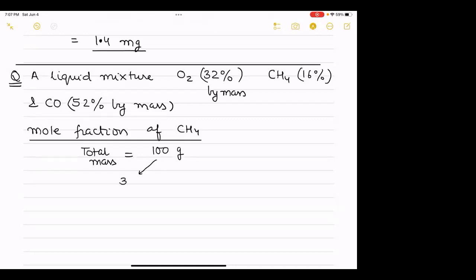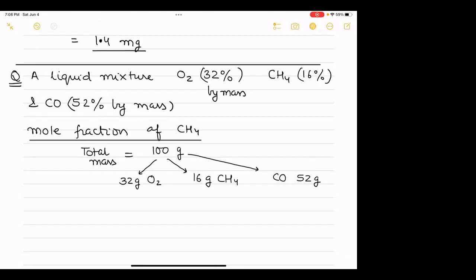So, 32 gram oxygen. Okay, so it is how much? 1 mole of oxygen and 16 grams of methane. It is also 1 mole. And how much carbon monoxide is there? CO. It is 52 grams.